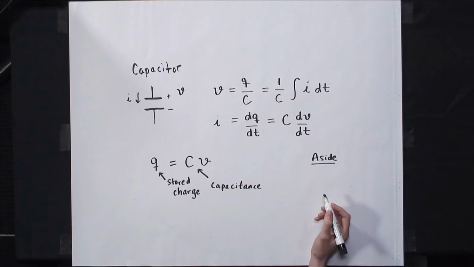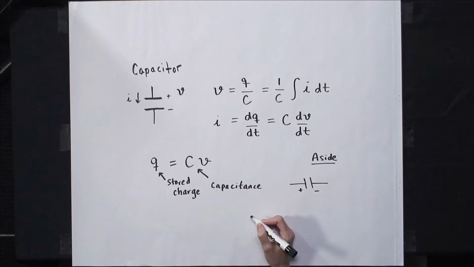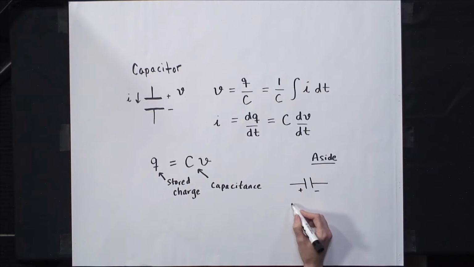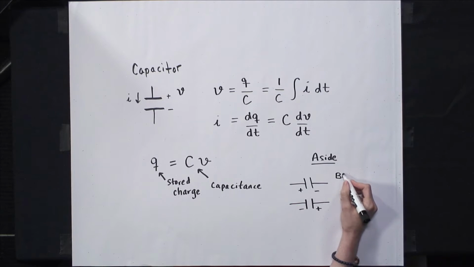These 2 different symbols come about because there are 2 main types of capacitors. The first main type is drawn just as we have, with 2 parallel lines with plus or minus. When it's drawn like this, it doesn't matter which polarity you use when you connect the capacitor in the circuit diagram. This is a bipolar or an unpolarized capacitor.